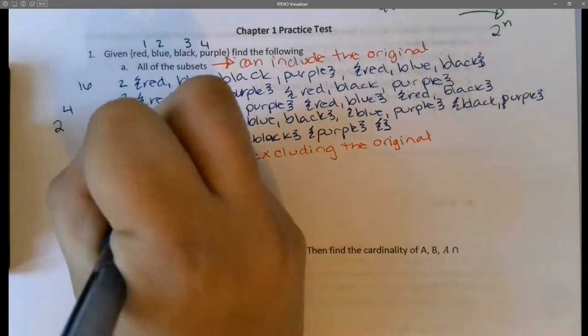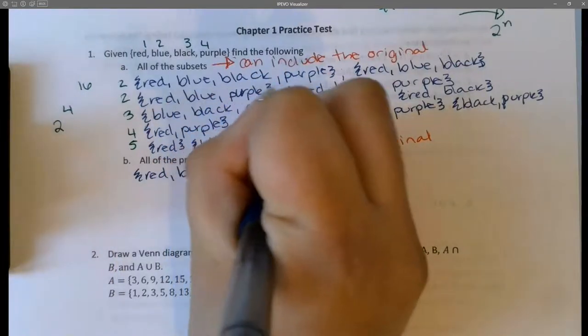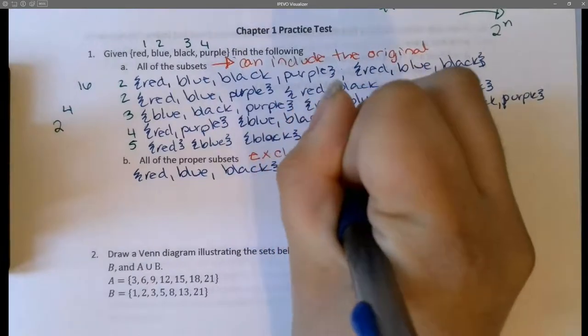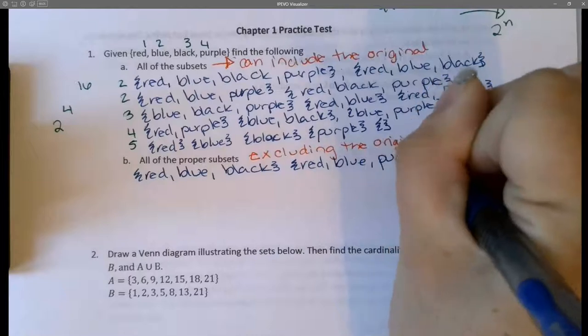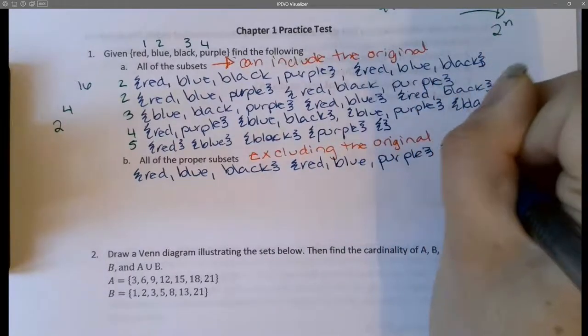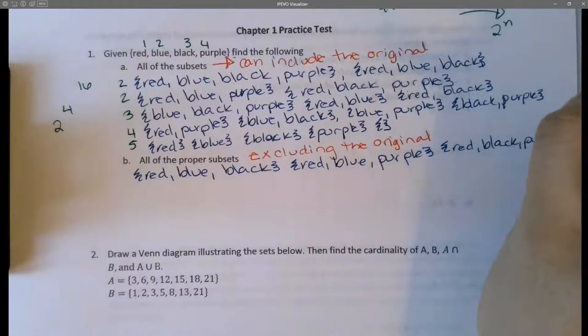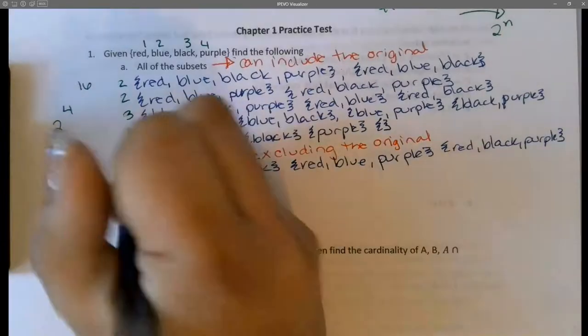So I had red, blue, black. I had red, blue, purple. I had red, black, purple. Then I had blue, black, purple.